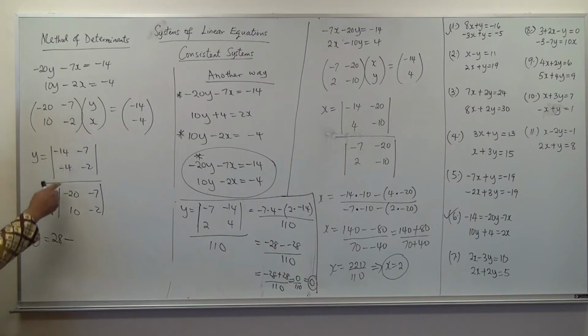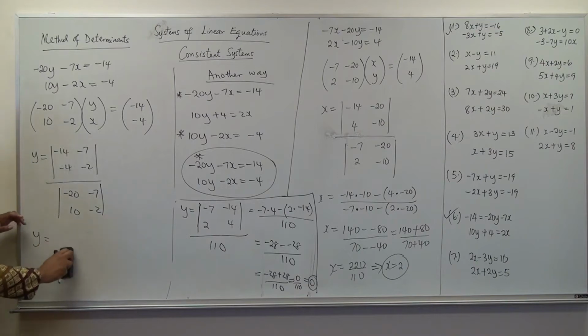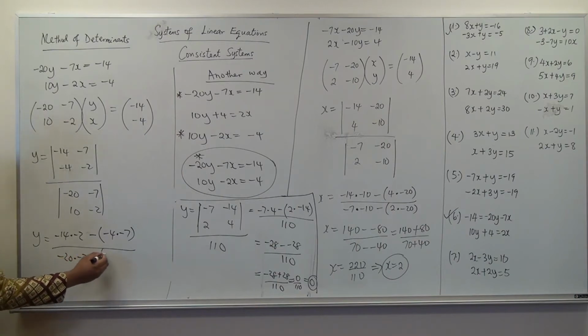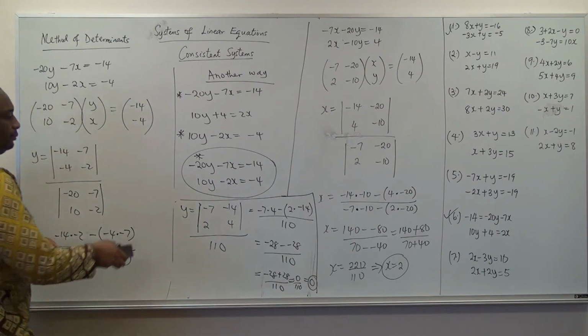Then minus negative 4 times negative 7 is 28. And I don't want to confuse you, I can just write it out. Negative 14 times negative 2, then minus negative 4 times negative 7, all over negative 20 times negative 2, minus 10 times negative 7. Okay?